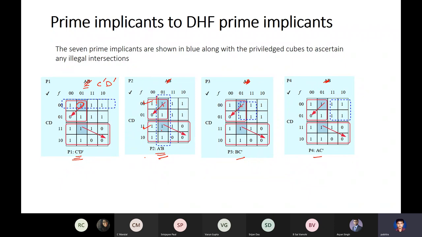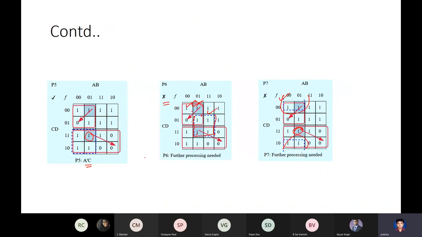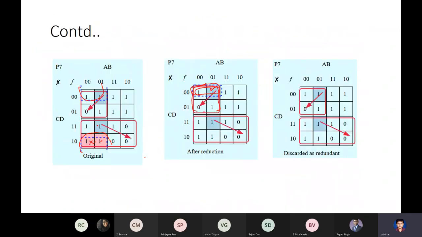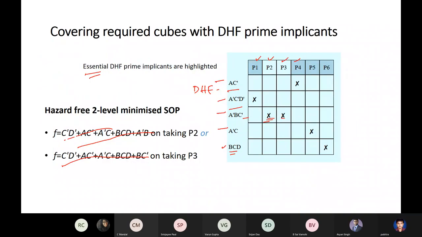If they are not DHF, convert them to DHF by reduction and removing redundancy. After that, we end up with a set of DHF implicants, and then you try to cover all the prime implicants using these DHF implicants, following Quine-McCluskey or Karnaugh map.